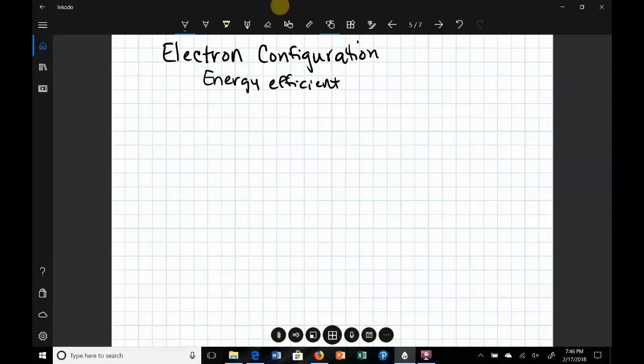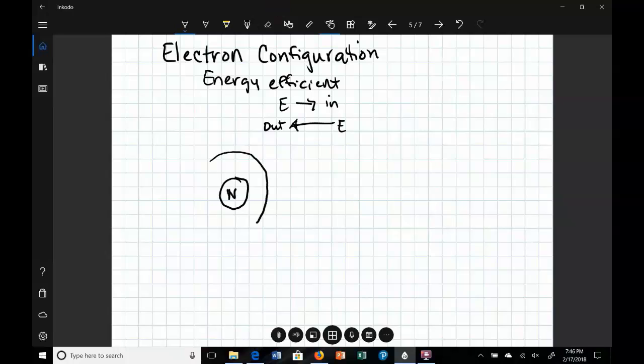It means that the amount of energy going in should be less than the amount of energy that's coming out of the system. So in terms of atoms, we are thinking of the idea that atoms are going to place their electrons at a certain distance away from their nucleus that allows them to be energy efficient.